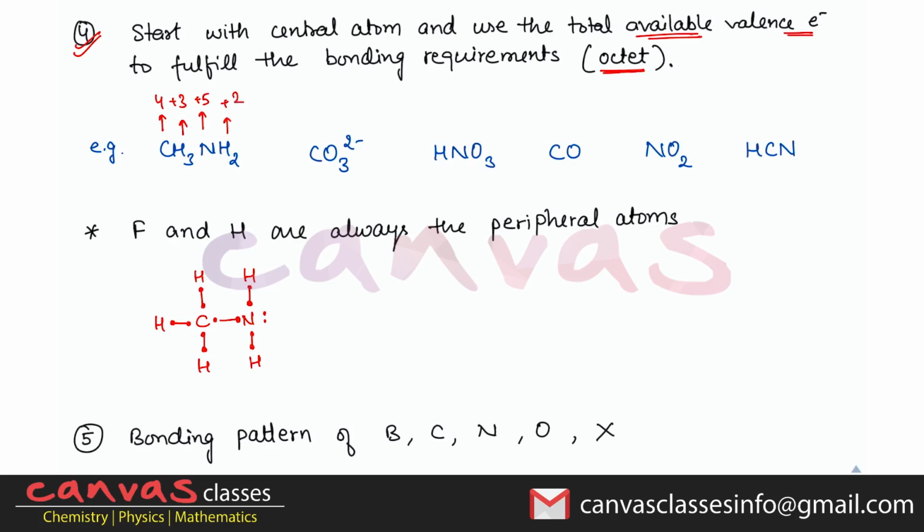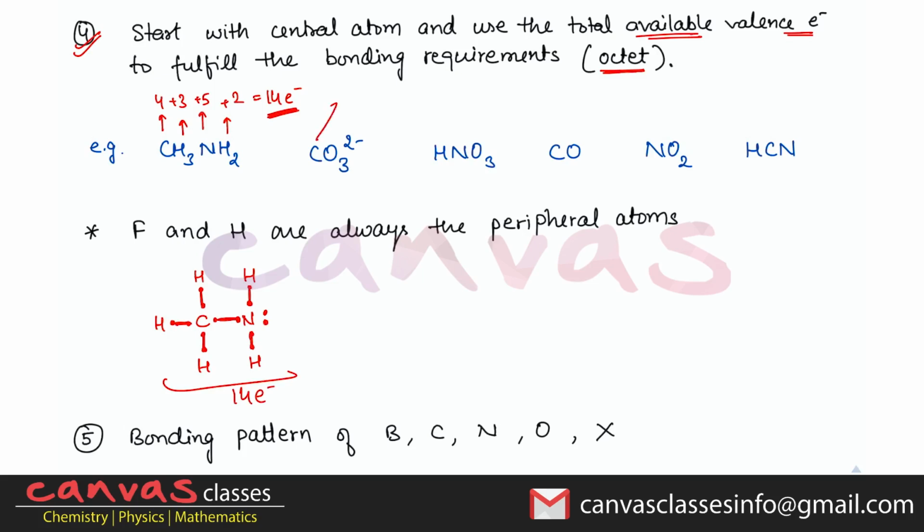So in total we have 5, 8, 14 electrons available. So we have to distribute all these 14. So 2, 4, 6, 2, 4, 6, 8, 10, 12, 14. So yes, we have utilized all 14 electrons and all the octets are complete.